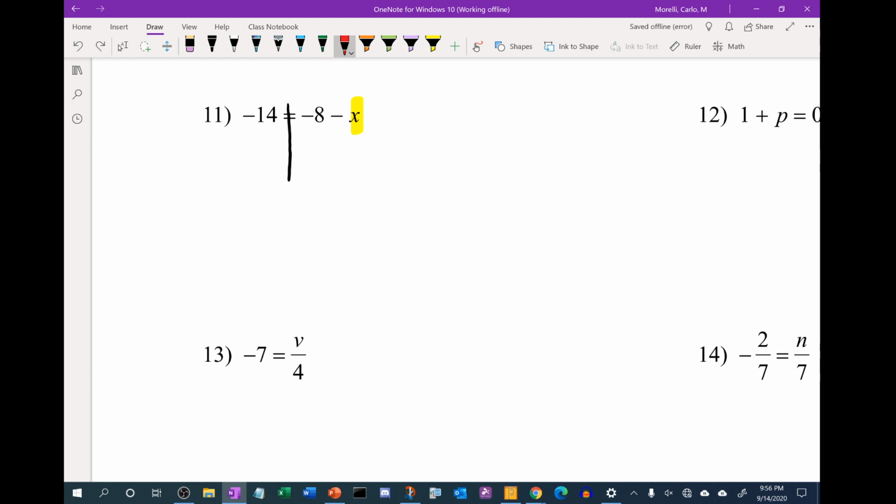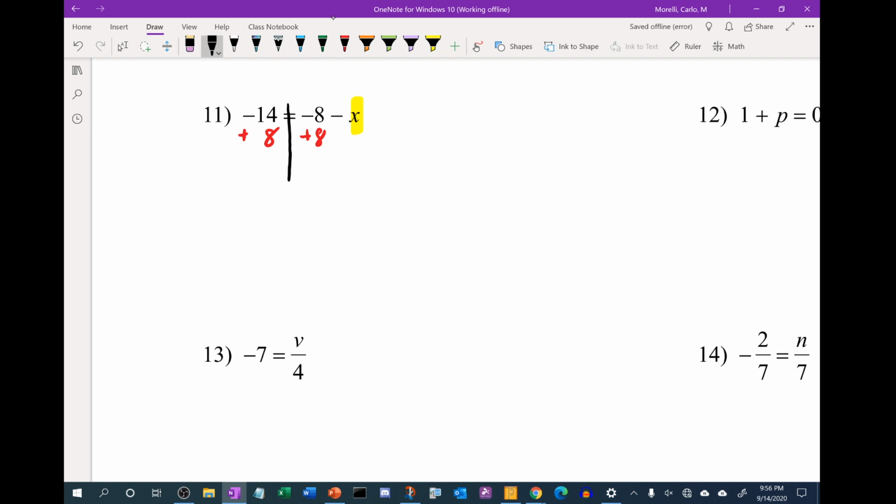Well, how do I do that? If it's negative 8 right here, I can add 8, but I better do it on both sides of the equation, okay? What is negative 14 plus 8? Well, that's just like 14 minus 8, and 14 minus 8 is 6.